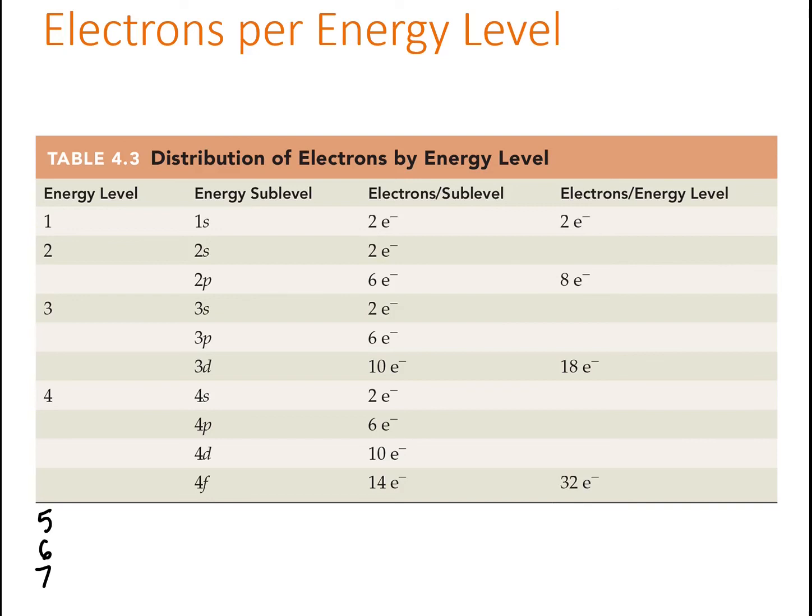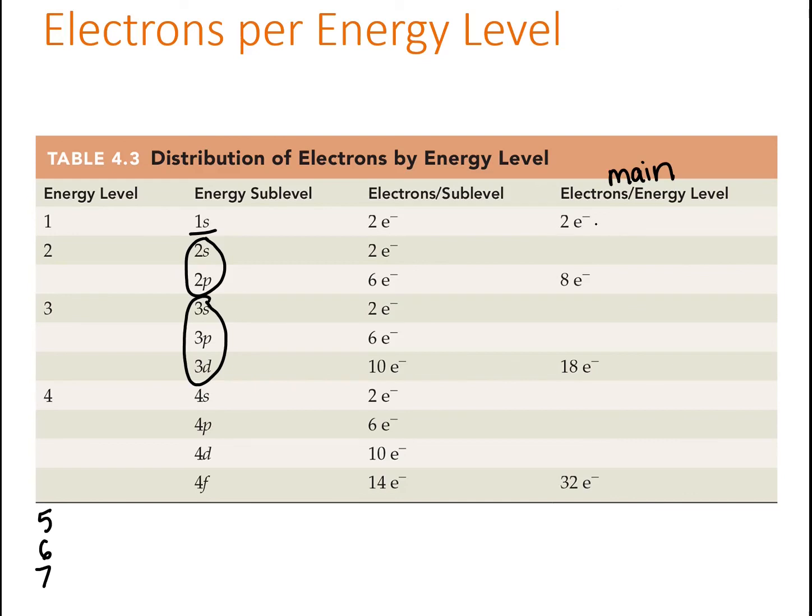For each energy level, you can have certain sublevels. So in the energy level 1, there's only the S. In energy level 2, you have 2S and 2P. Energy level 3, you have 3S, 3P, and 3D. Each of those sublevels can only hold a certain number of electrons, but each main energy level can hold more and more electrons.